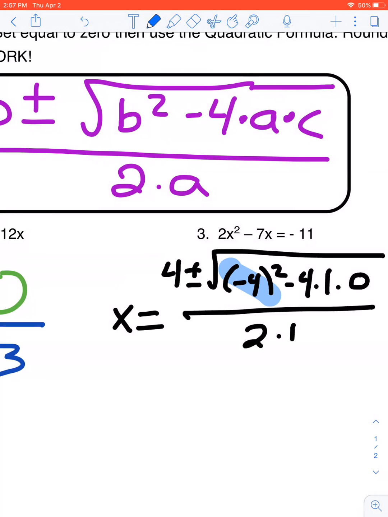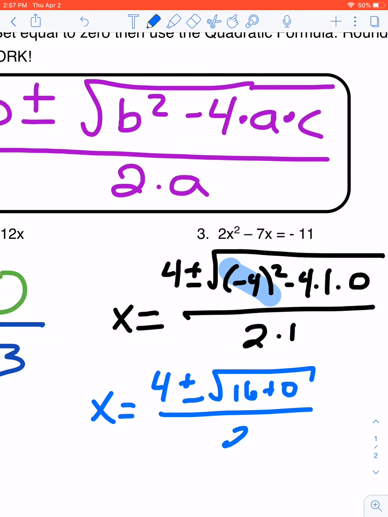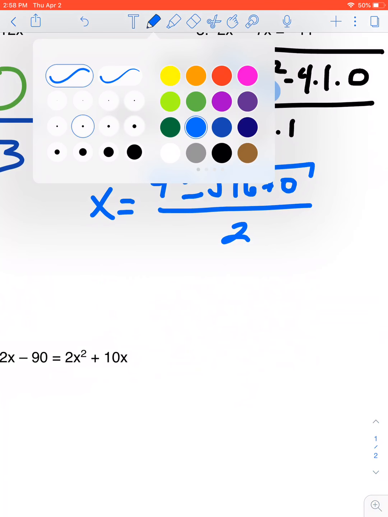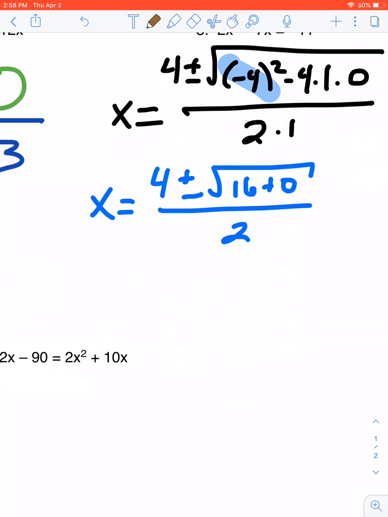So now I simplify down, and I get x equals 4 plus or minus the square root of 16 plus 0 all over 2, because negative 4 times 1 is negative 4, times 0 is 0. So that just gives me 0. And then when I look at this problem, let's simplify under that radical.